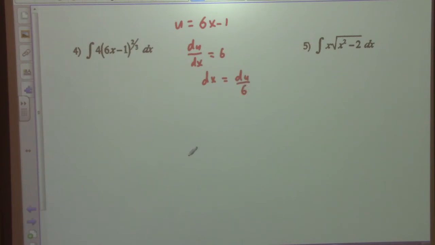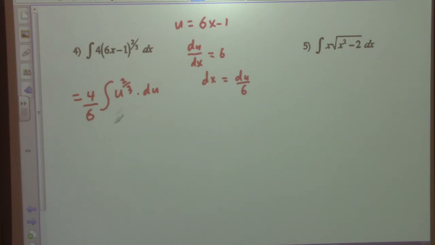When I plugged u in, I got 4 integral u to the 2/3 times du over 6.